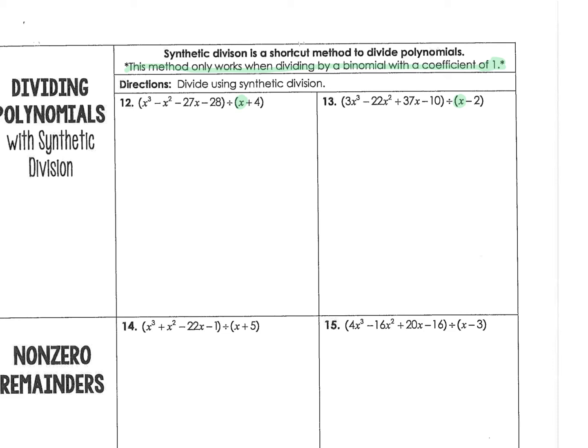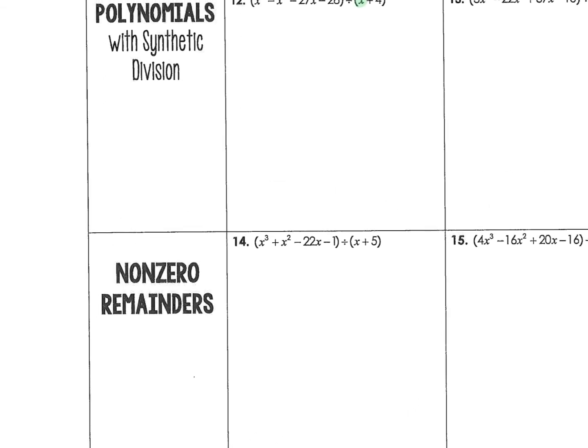If there is a number in front, that's the difference in when to use which. Synthetic's way easier. So we use synthetic when it's just divided by x plus or minus something.